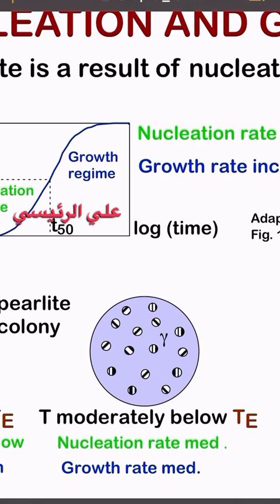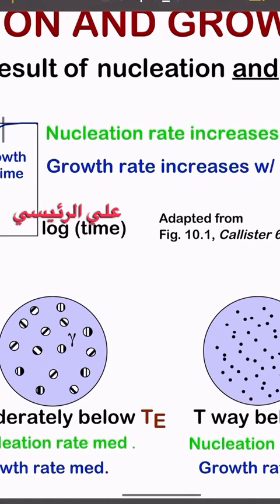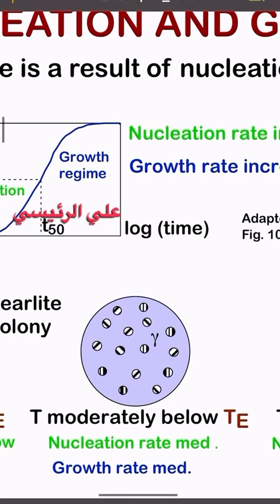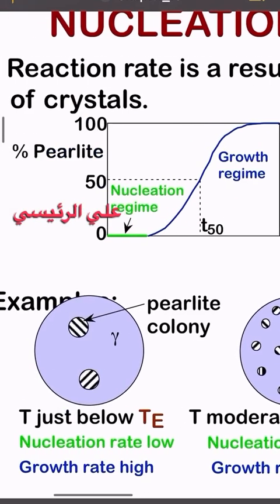The nucleation rate is medium, and the growth rate is also medium. So with medium temperature, we will see many granules of pearlite, but they will be smaller than in the first one.